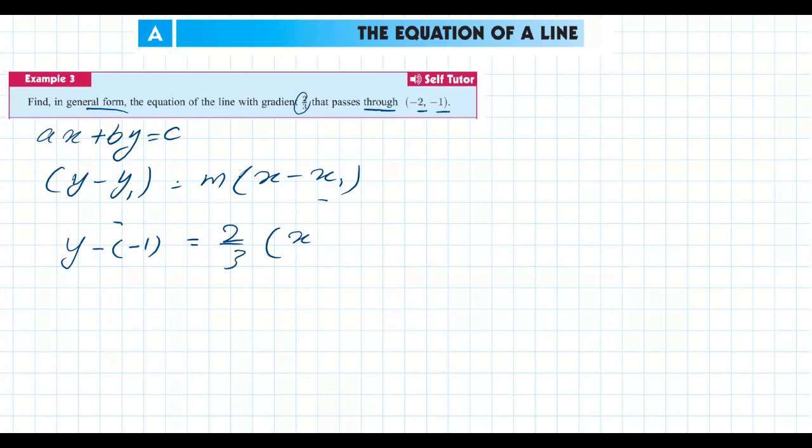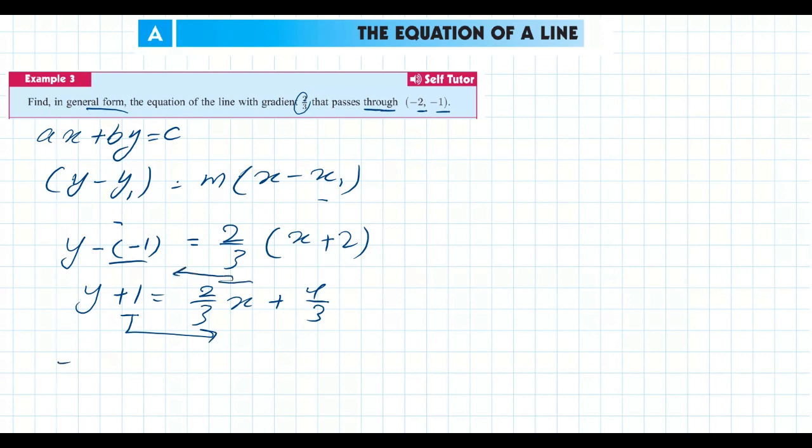times x minus x1, which is negative, negative becomes positive 2. Then, after that, y plus 1. And focus on that, he said in general form, not in y-intercept form. Then y plus 1 equals 2 over 3 x plus 4 over 3. Now you're going to adjust the equation: 1 to the right side and this part to the left side.